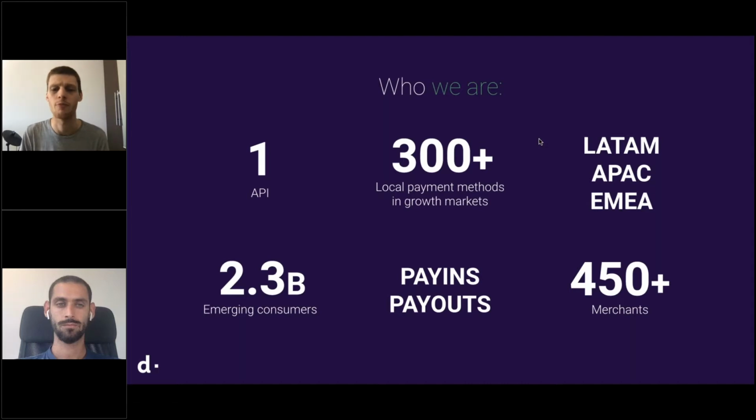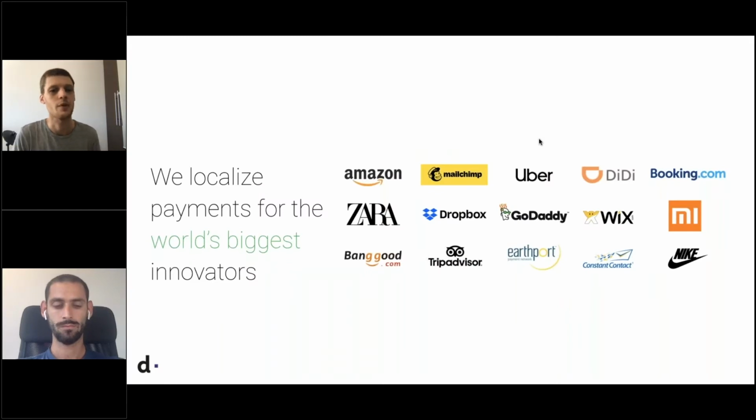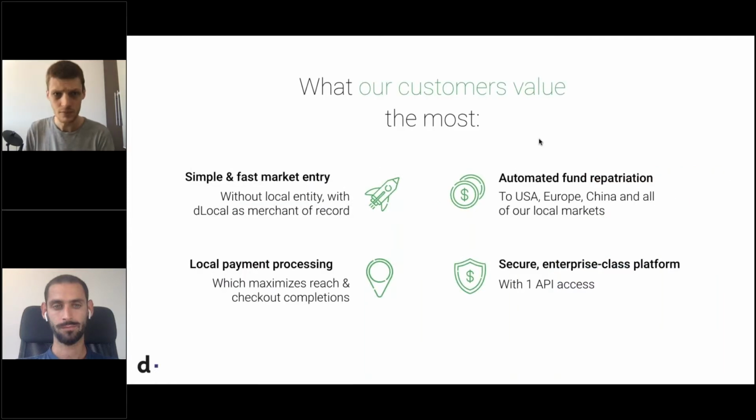Currently we have more than 450 merchants working with us. We look at payments for the world's biggest innovators across the spectrum, working on retail, digital goods, ride sharing, tourism and travel. There is a wide range of industries that benefit from these local payments.